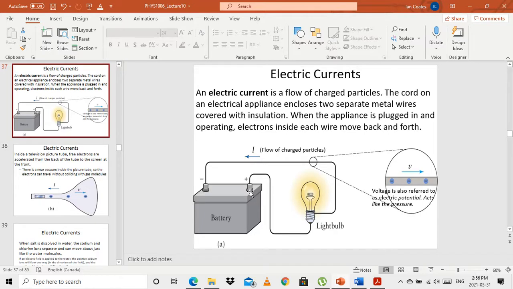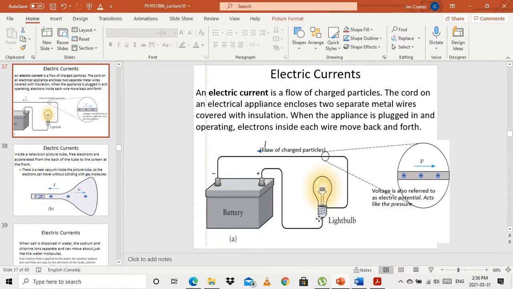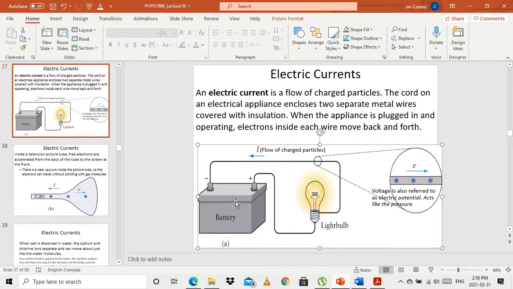So hundreds of years ago, here's your positive terminal, here's your negative terminal, that's on any battery. They originally thought that it was protons moving, so the flow of current goes this way. But the protons don't move. Now we know that it's the electrons that are moving, but for some reason it's still written this way. So just be careful. Okay?